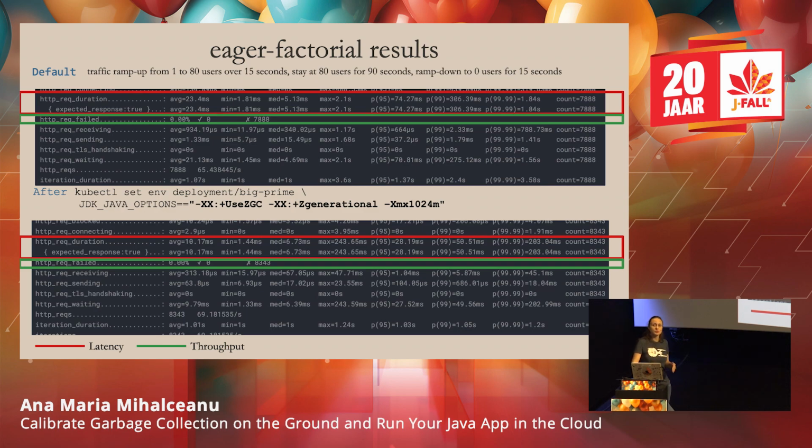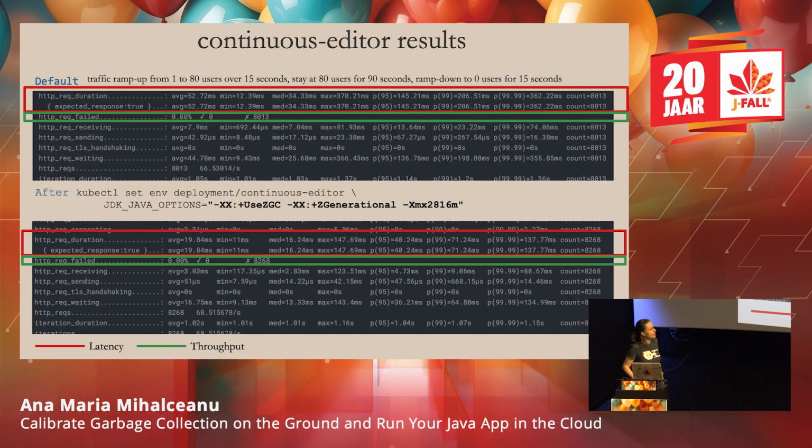So for the one that performs mathematical operations, that's CPU bound, ZGC, even fine-tuned, didn't give me something wow, like, yeah, this is the one for it. On the other hand, for the other one, I could see a significant decrease in latency. I could see a boost in throughput. So it did give me better results for the IO bound one.